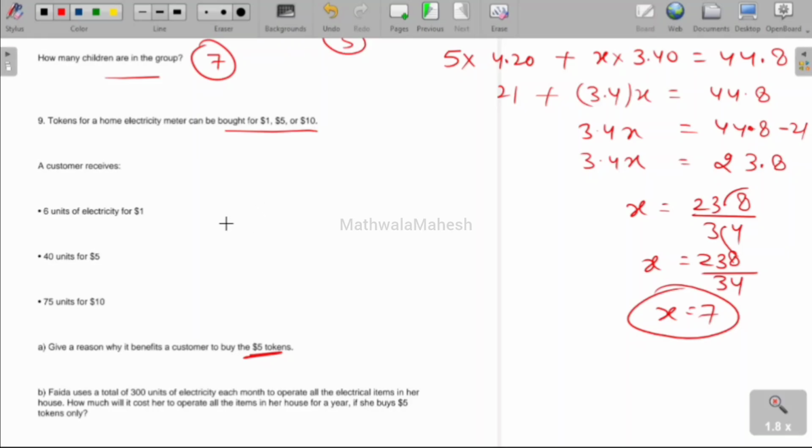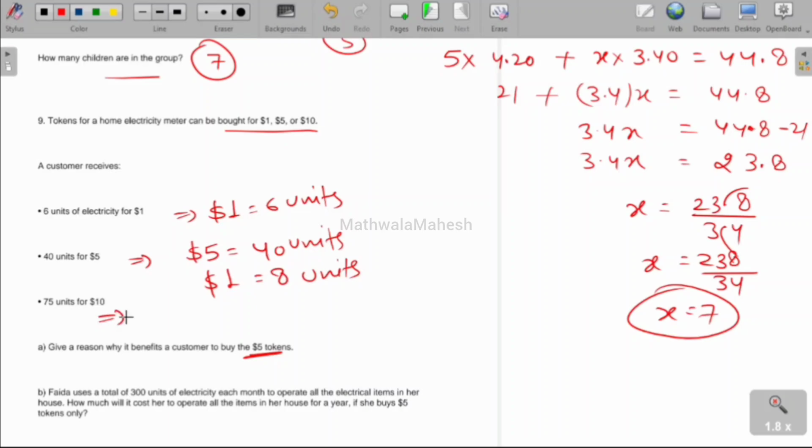Okay, so we will find for each dollar how many units there are. So for this, $1 equal to 6 units, and this one, $5 equal to 40 units, then $1 equal to 40 divided by 5, 8 units.